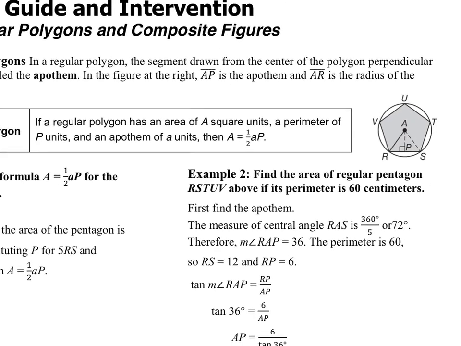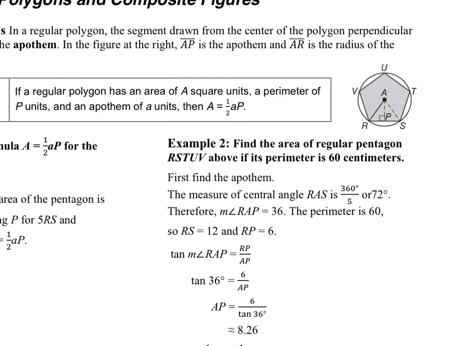In other words, on this picture, AP is the apothem. Did you notice that segment AP over here? It's perpendicular to the side. It's kind of like a height, and it starts at the center. And P is the perimeter of the regular polygon. It's very easy to find because all you do is multiply the side length times how many sides.